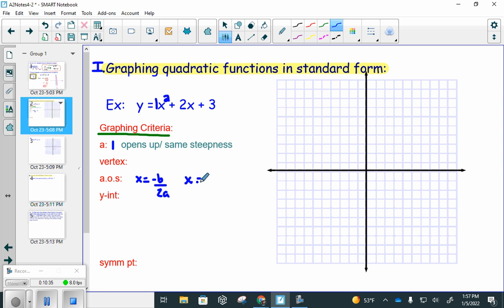So it's x equals negative. My b in this problem is positive 2, so I'll just write down 2, divided by 2 times a, which is 2 times the 1 in this problem. And so my AOS is going to be x equals negative 2 divided by 2. And so that's going to be x equals negative 1.